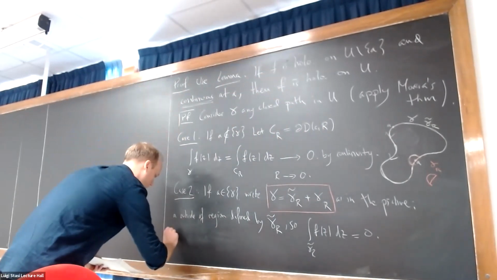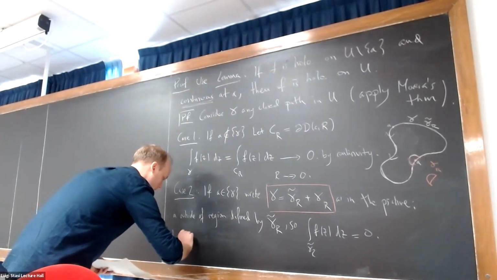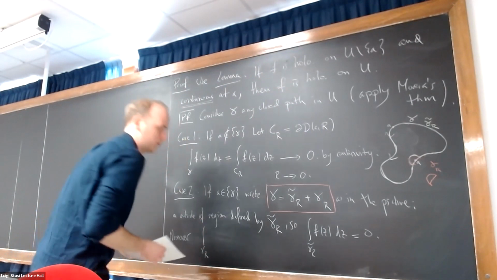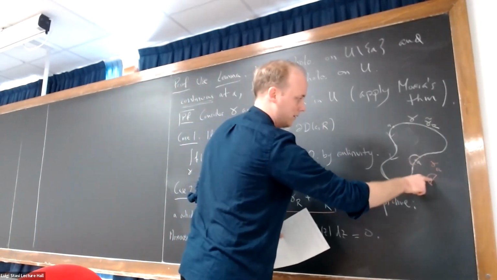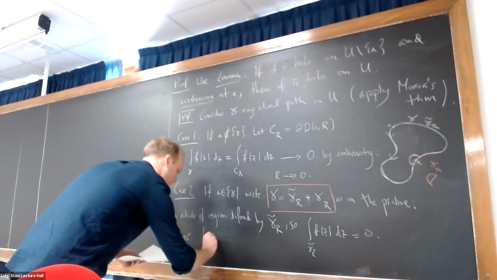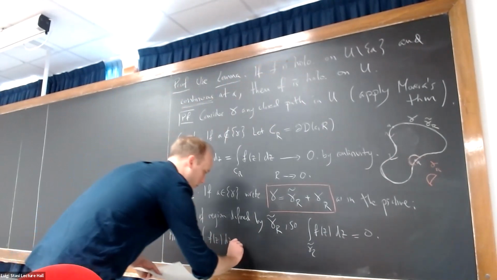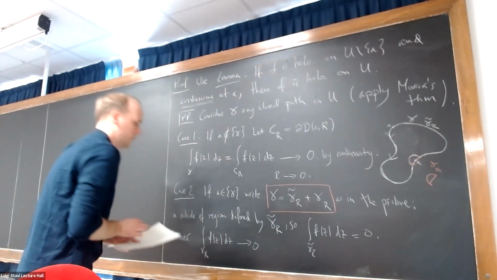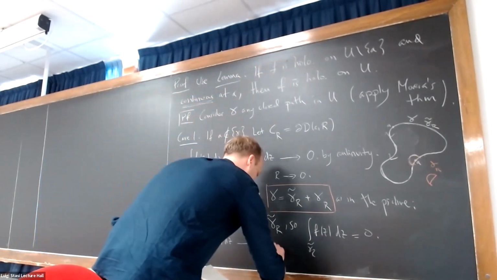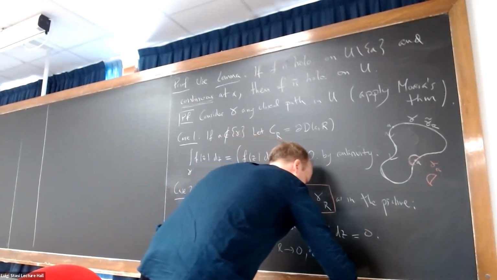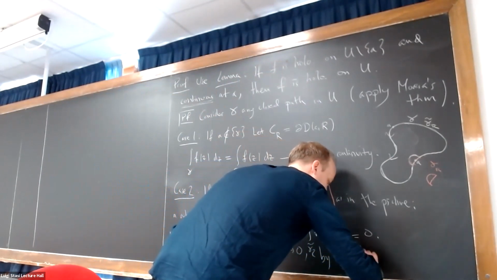And the second thing, moreover, if we look at the second piece, gamma of R, what's going to happen? Again by continuity, this one is going to go to 0 as we shrink R to 0.